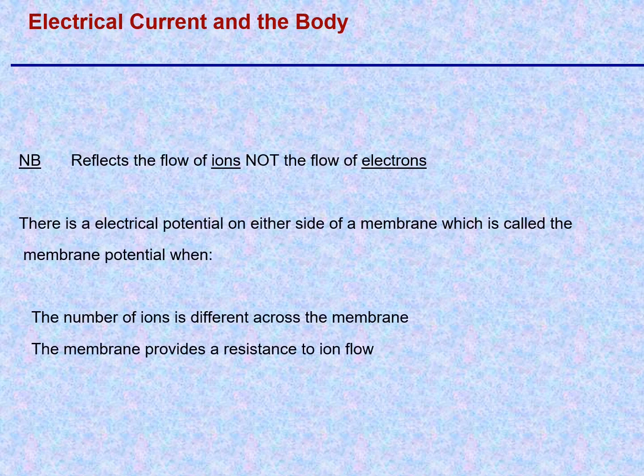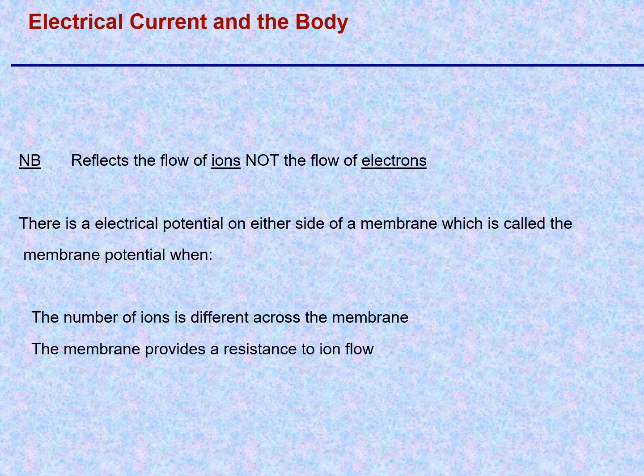In terms of electric current in the body, it does not reflect electron flow, all right? It's not like the plug in the wall that, if you stick your tongue in it, you get zapped by trillions of billions of electrons. When we talk about a current or flow of charge in the body, we're talking about the flow of ions, charged molecules, not electrons, okay?